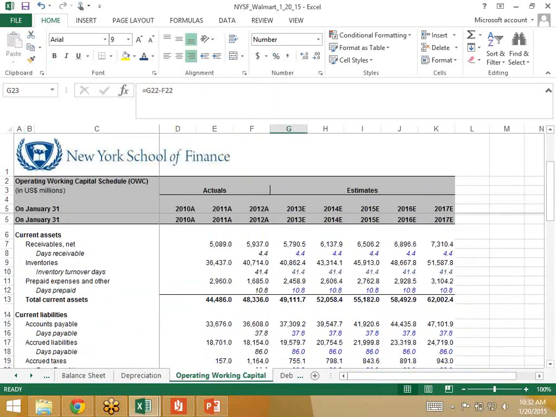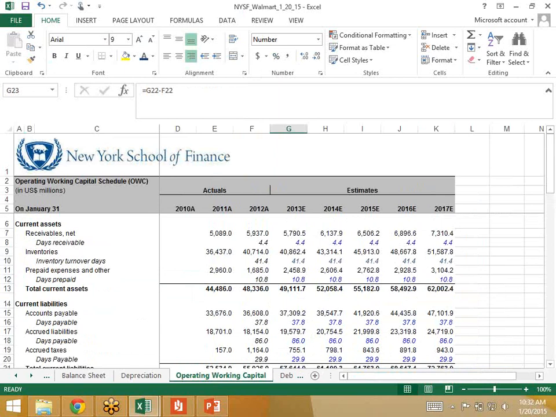But the biggest difference is we've identified 6 line items that are working capital: receivables, inventory, prepaid expenses, accounts payable, accrued liabilities, accrued income taxes.